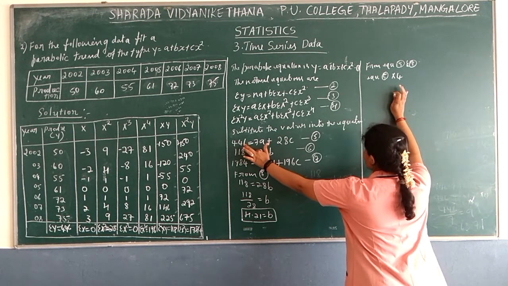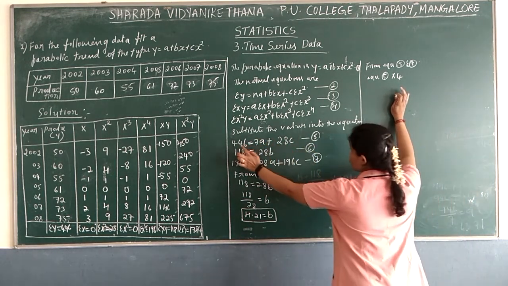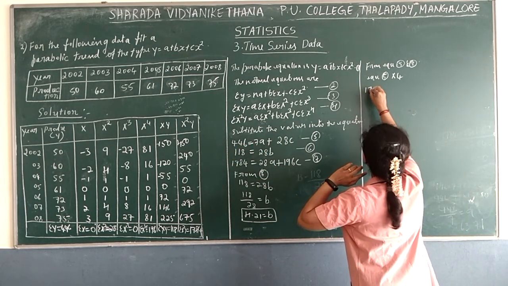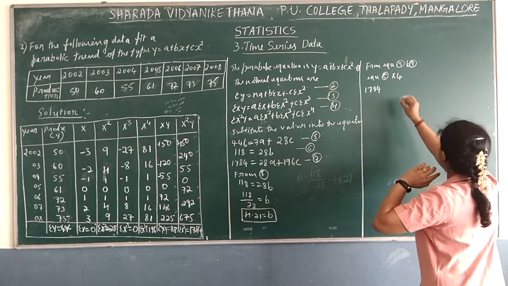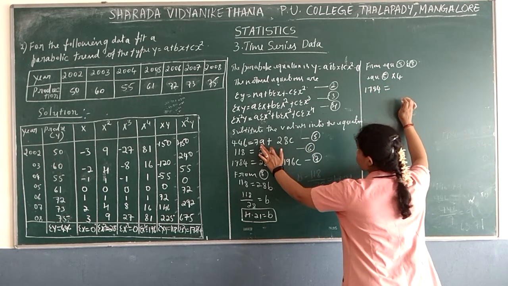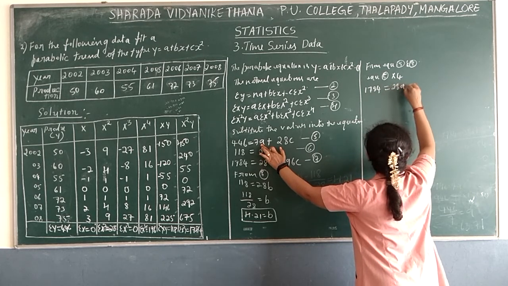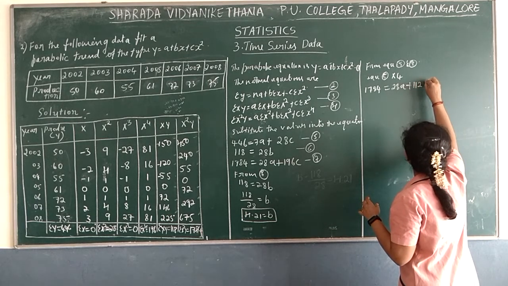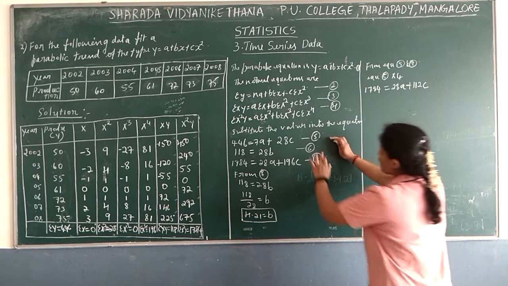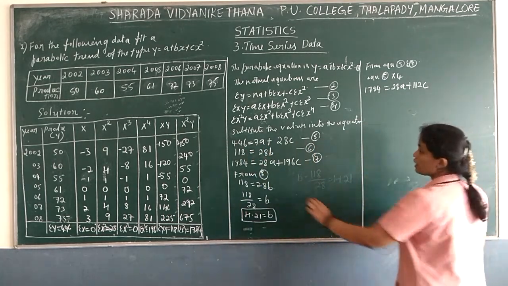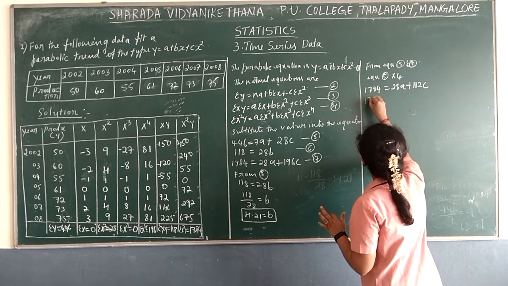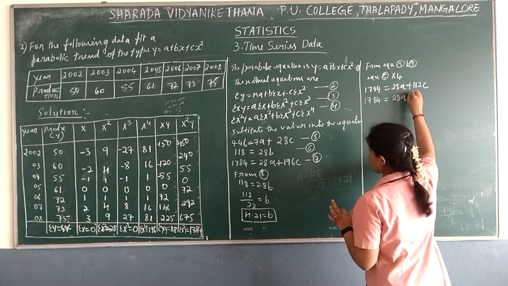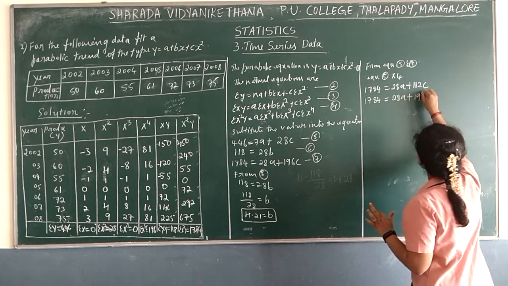When we multiply 4 into this equation, now what do we get? 446 into 4, we get 1784, which is equal to 4 into 7, that is 28a, plus 28 into 7, that is 112c. That is when we multiply the fifth equation by 4. Then take equation 7, that is 1784 is equal to 28a plus 196c.